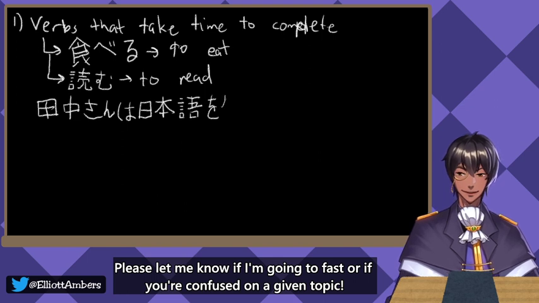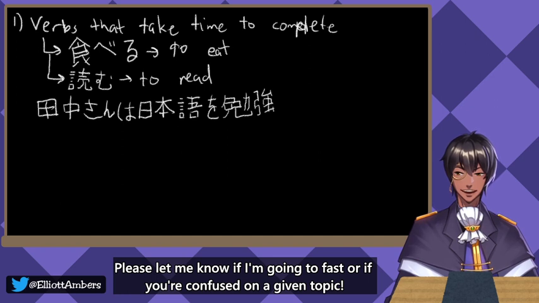So if I write this sentence out here, this is a sentence structure that we've currently been practicing so far. A lot of the sentences that I've gone over these past few lessons have been in this sort of format. Benkyou shimasu.